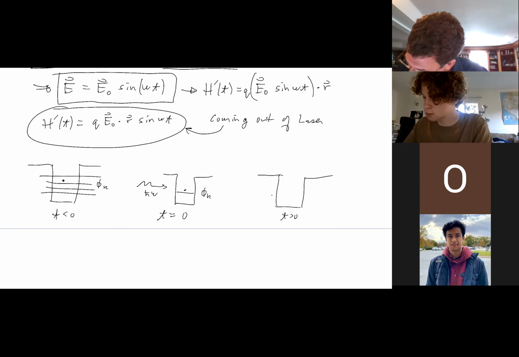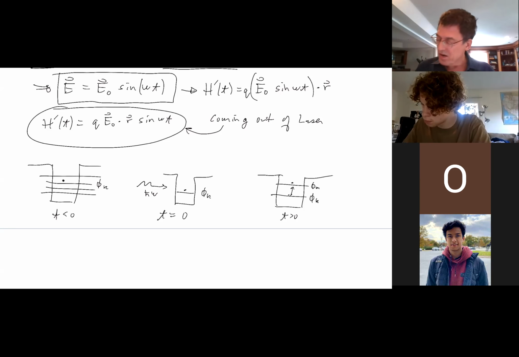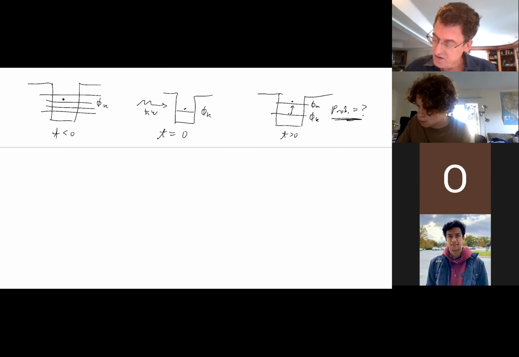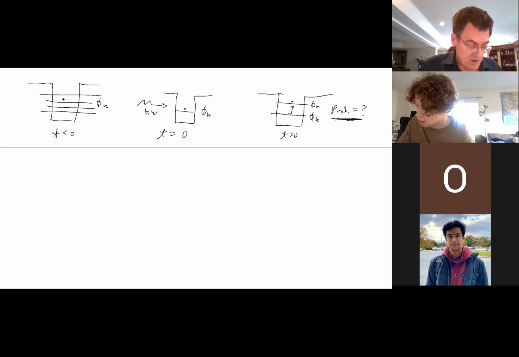I want to know the probability that it has transitioned from phi k to some new state, phi m. So what's the probability? Okay, so this is the problem that we're trying to solve.